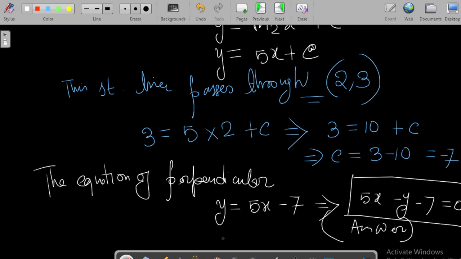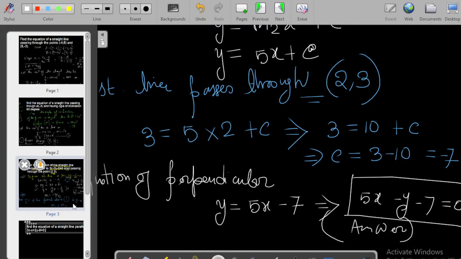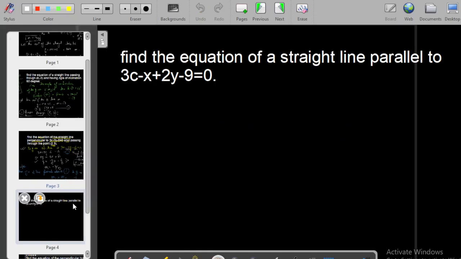Okay, so as you can see, we are moving from basic level to advanced level. The next question is: find the equation of the straight line parallel to this straight line. Now there is a slight modification.